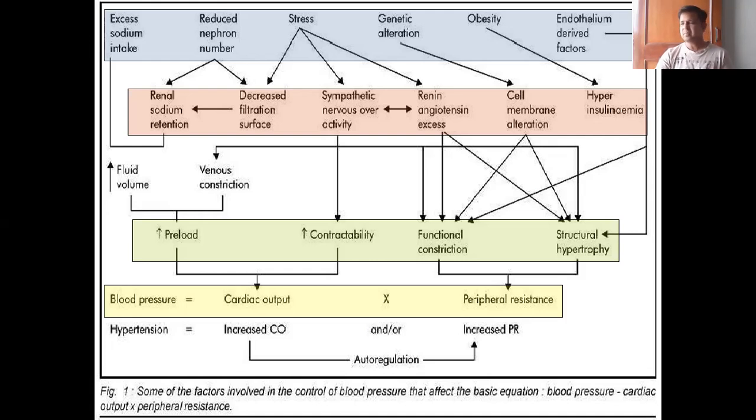So this is the mechanism of how hypertension develops in our body.